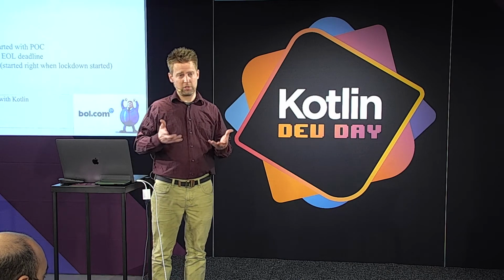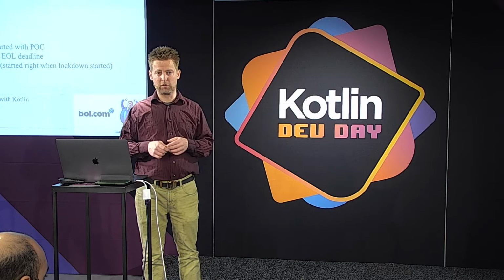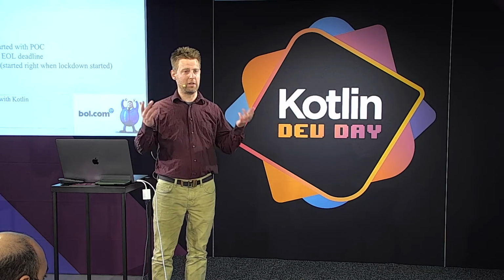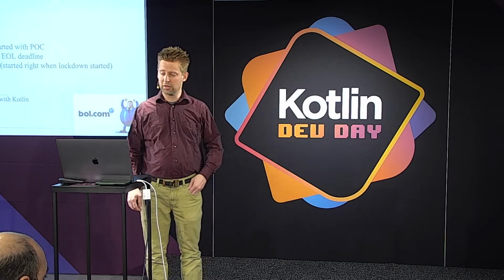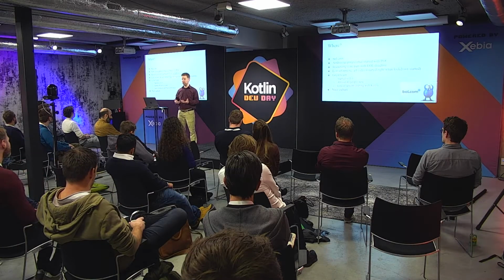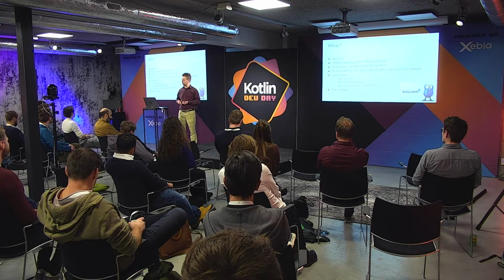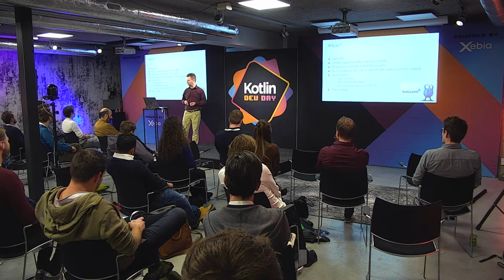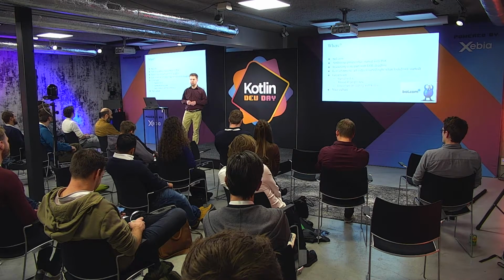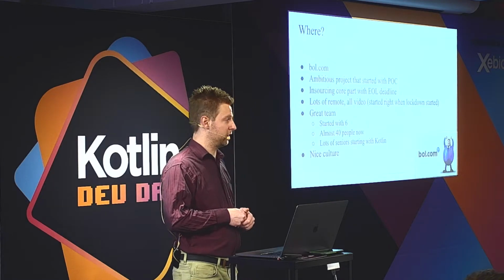We started out with 6 people. These 6 people were a couple of developers and some business analysts, and this quickly grew into 20 and even 40 people now. This is a project of a lot of seniors who are very passionate about building the best thing for Ball.com. This has been a very nice experience, a nice culture to live in and to build in.